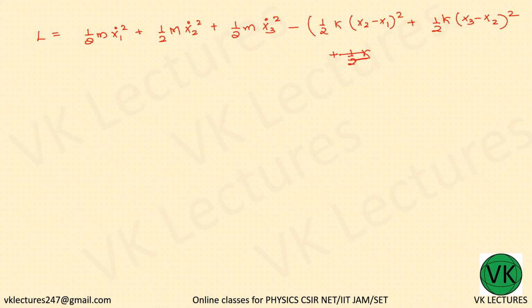So this is the Lagrangian given. The first part is the kinetic energy and the second part is the potential energy, and we are asked to find V and T, the kinetic energy, in terms of matrices. That's the question for practice.